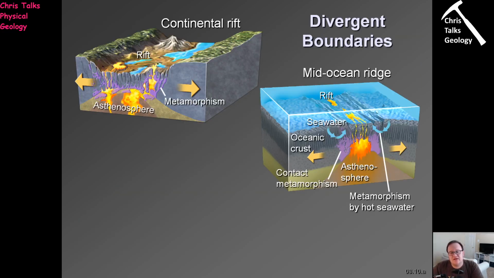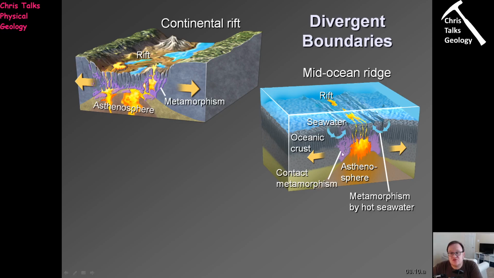Now, in the case of divergent plate boundaries, of course, we have a situation where we have rocks being extended. Now, the thing that we've discussed about divergent plate boundaries is that obviously in order to make the magma that feeds a divergent plate boundary, we have to stretch the continental or oceanic crust.